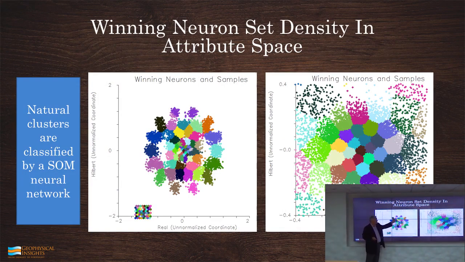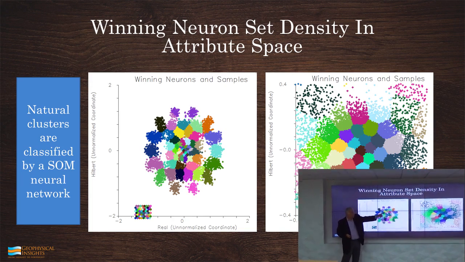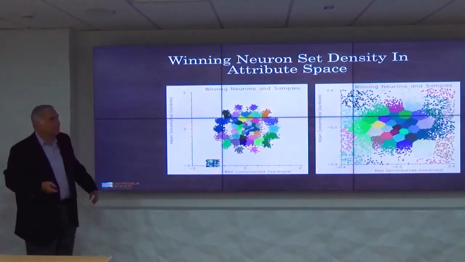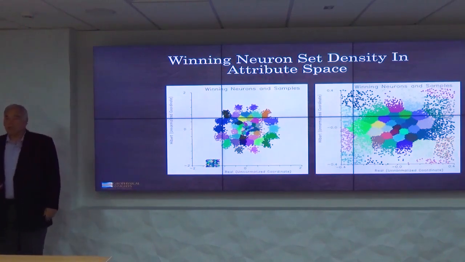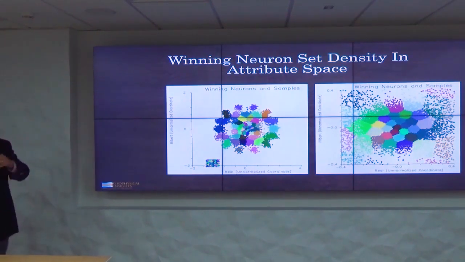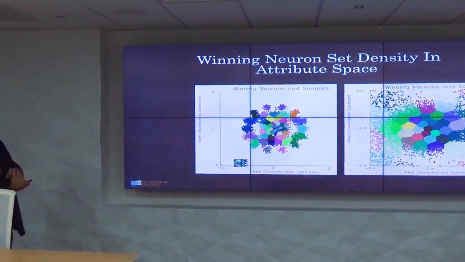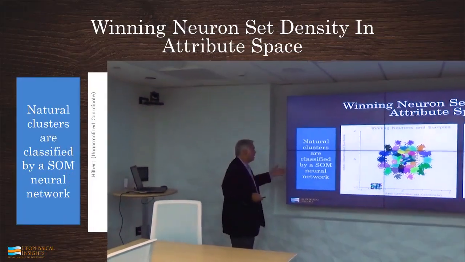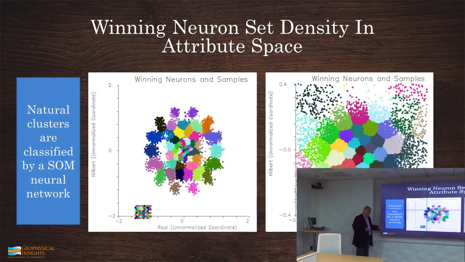And this is the classification of the data using this SOM two-dimensional color map. And that over there on the right is a zoom in of the core, and you can get a sense then of what these natural clusters are like and what are the classifications of the natural clusters and how they break down. So the natural clusters are classified by this SOM neural network.